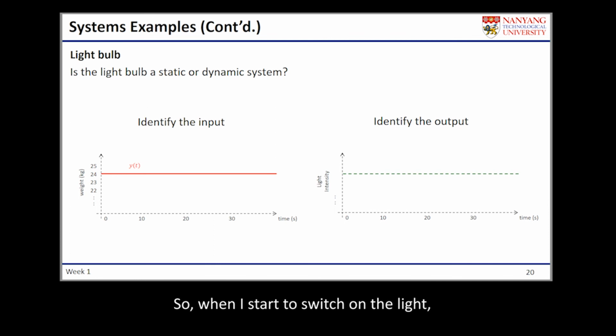So when I switch on the light bulb, I have a notion that the light bulb instantly lights up. Now the question is the same as the previous one. Is the light bulb a static system or a dynamic system? You can again pause this video for a while, think about it, and you can answer whenever you are ready.